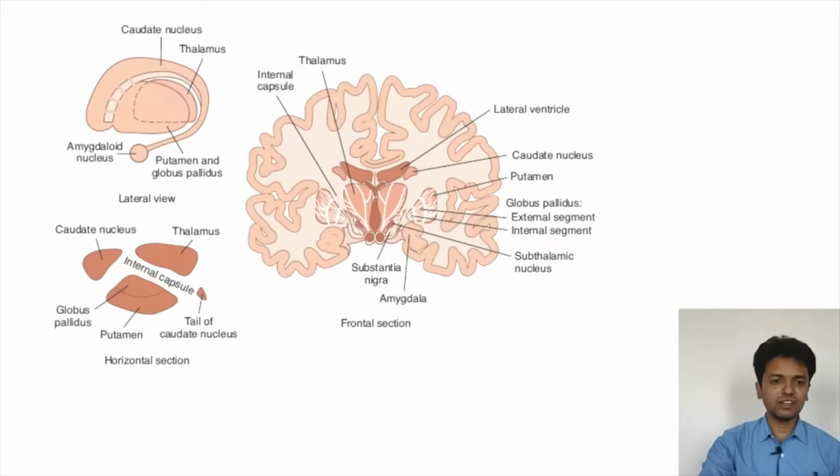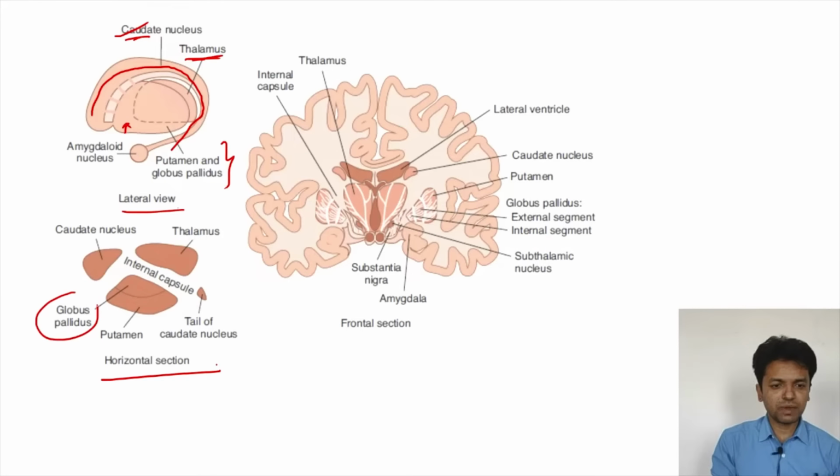If we see another diagram, again this is the lateral view. Here we can see this is the thalamus, and this is the caudate nucleus. This entire area is what is called the caudate nucleus. And then here inside we can see these two, the putamen and the globus pallidus. Here this is the horizontal section.